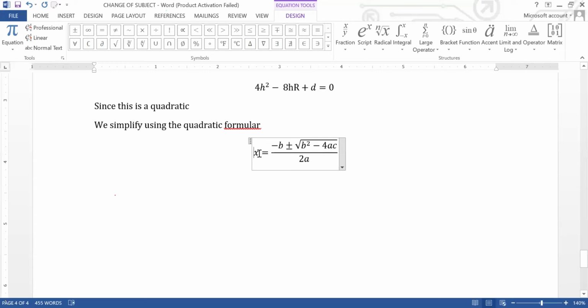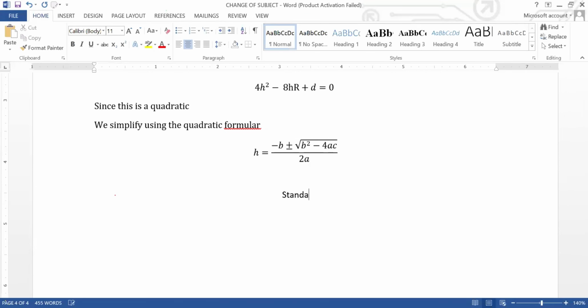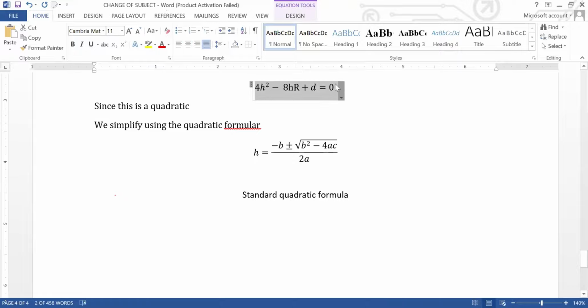Okay, so this time we want to make H the subject. H is equal to, so X has turned into H because we need H. So by comparing with the standard quadratic formula, which is AX squared plus BX plus C. That's how the quadratic formula looks like.